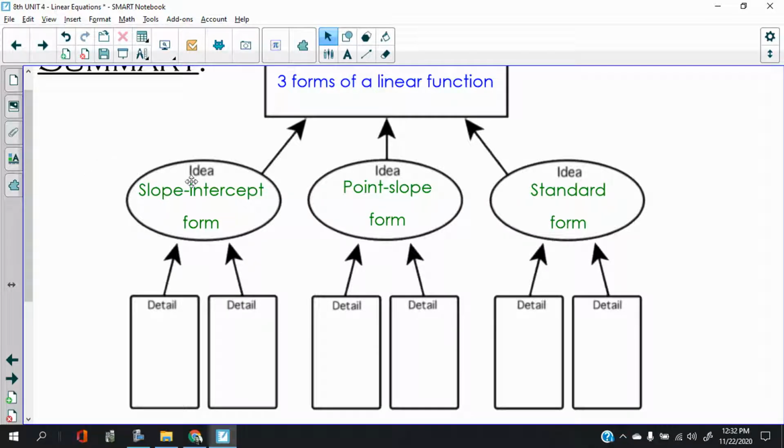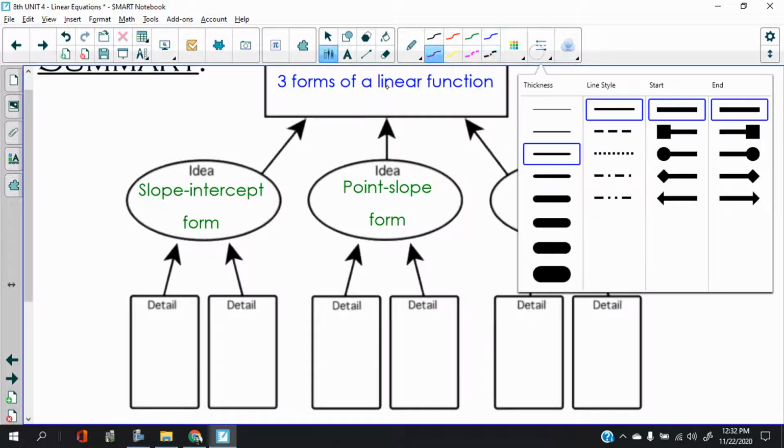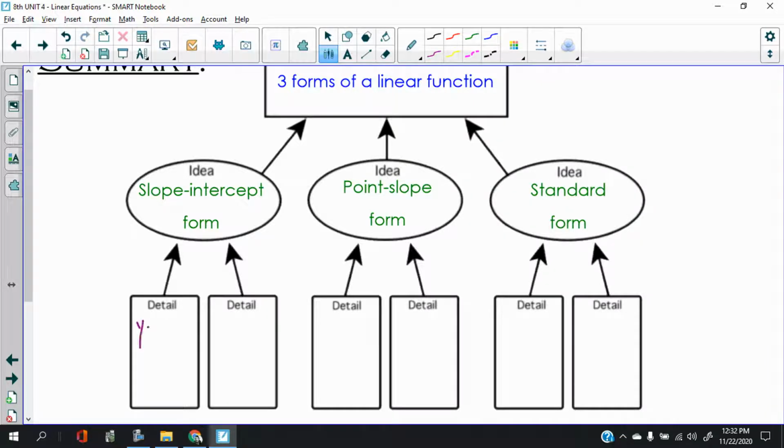So here is the slope-intercept form. Let's write down what the form should look like. The slope-intercept form is y equals mx plus b. That's the first detail you need to know. Second is what it provides you.